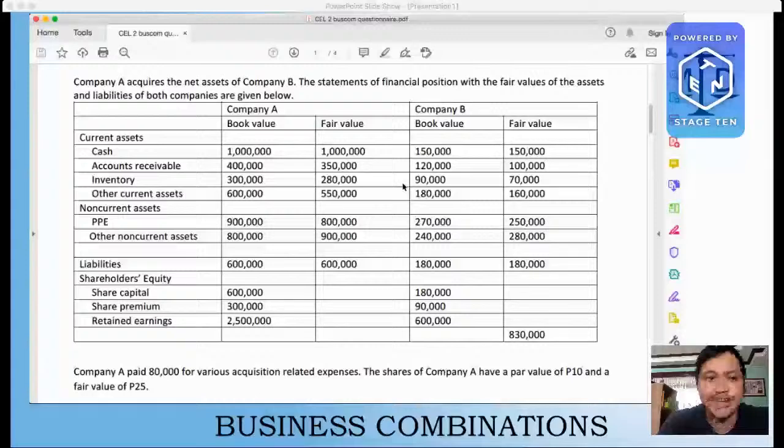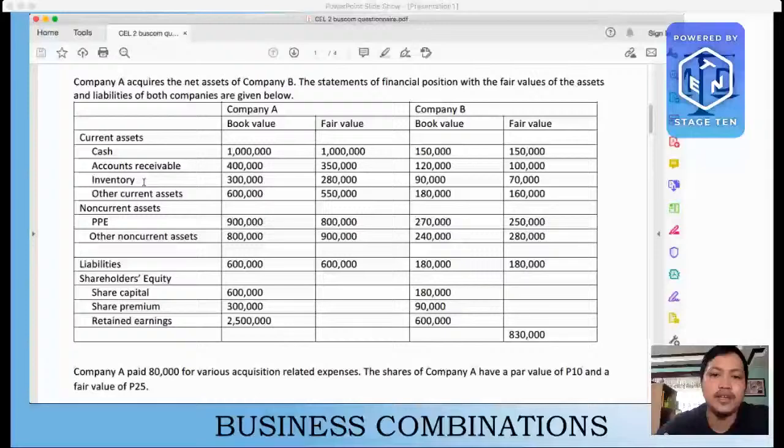Next question could be compute for the combined cash, compute for the combined accounts receivable, compute for the combined inventory. And as I've mentioned before, supposedly, all you've got to do is to add the amounts reported in the acquirer and acquiree, because the acquirer is simply getting the assets and liabilities of the acquiree.